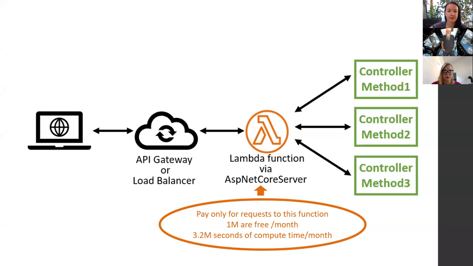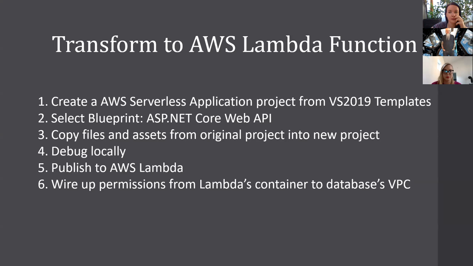And along with the free tier, the first 1 million requests every month are free. And there's another factor about the amount of time used to run each request. So I don't have to create any of that, which is, yay, right? I'm just building an ASP.NET Core API, and then saying publish.